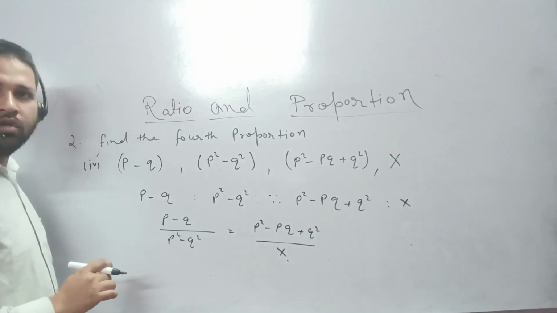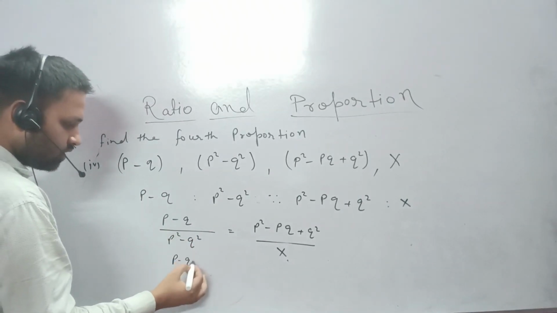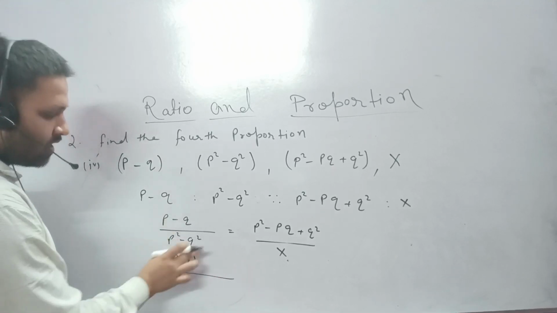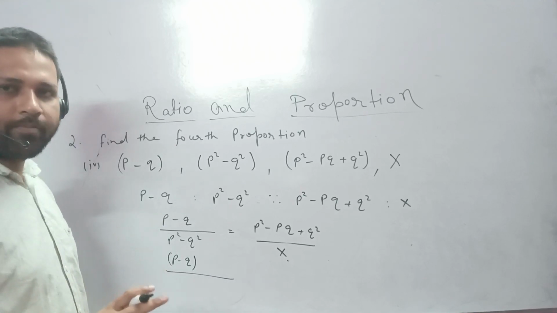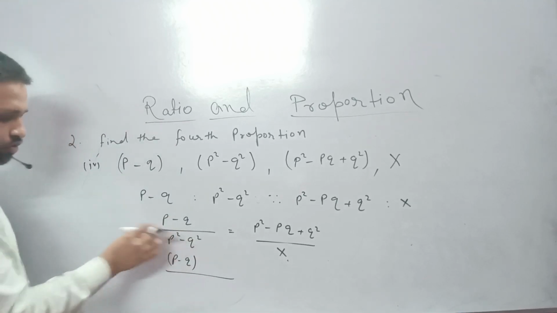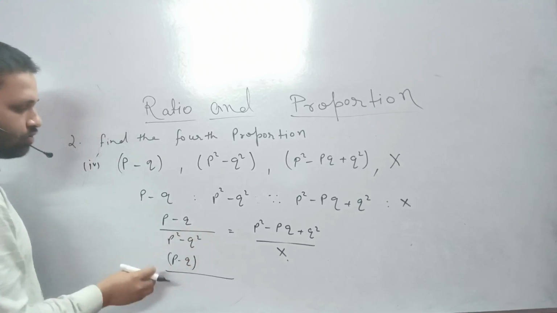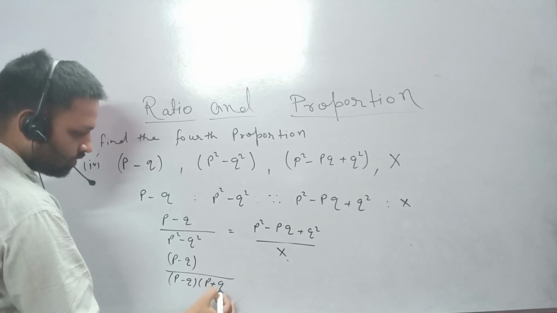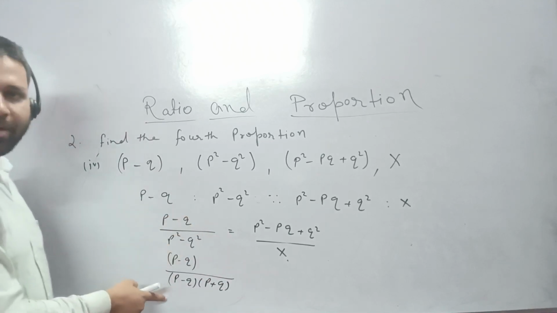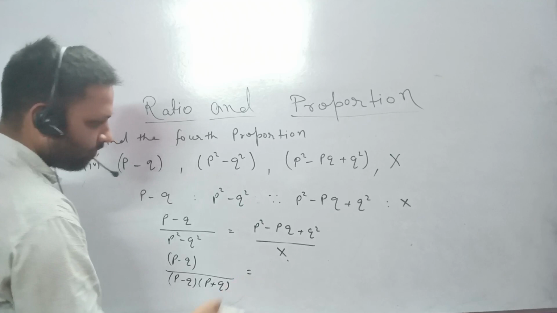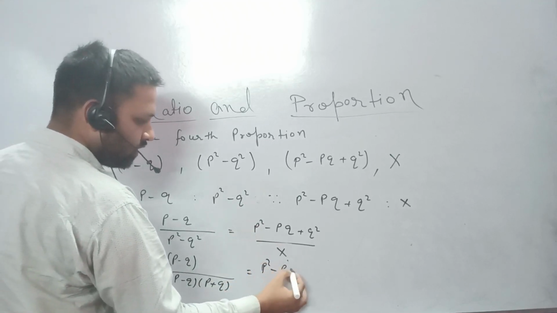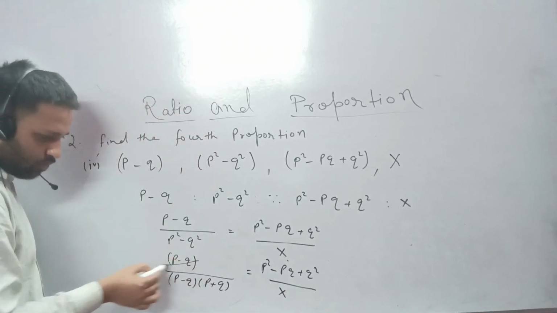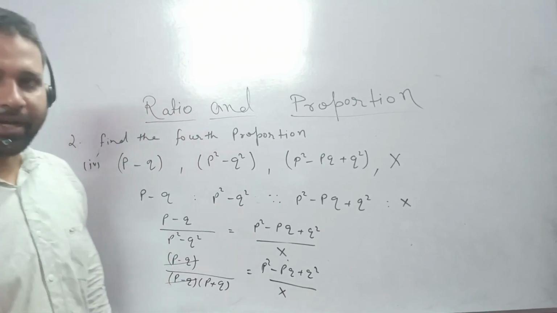Now you see here, p minus q is just p minus q, but p square minus q square can be simplified. I know that p square minus q square is p minus q into p plus q. It is the formula of a square minus b square. Now here p square minus pq plus q square by x. You can cancel the factor p minus q with p minus q.